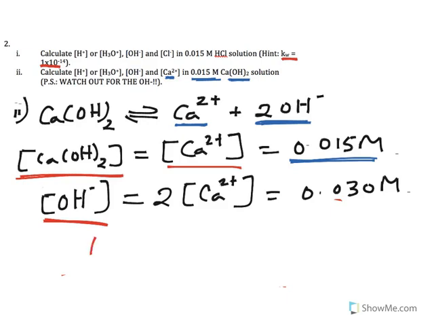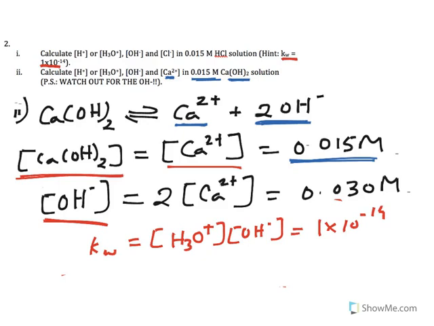So we know that Kw is equal to the concentration of H3O+ times the concentration of OH minus, which is equal to 1 times 10 to the power of negative 14. We can add the units if we want, so let us add it here. So we will have molar squared.